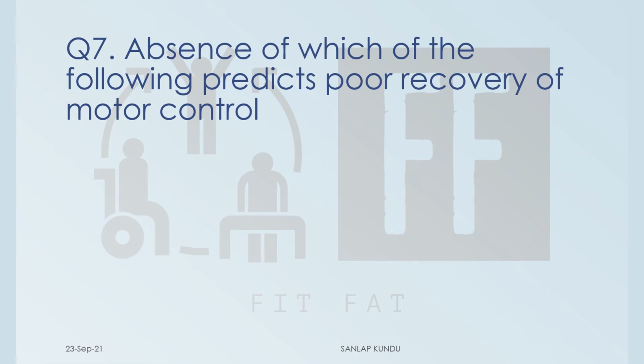Question 7. Absence of which of the following predicts poor recovery of motor control? Okay, so we know that to get a good motor control, the sensory input should be well enough. Now suppose you are standing, right? Now you imagine that the proprioception, light touch sensation and pain sensation are not intact.